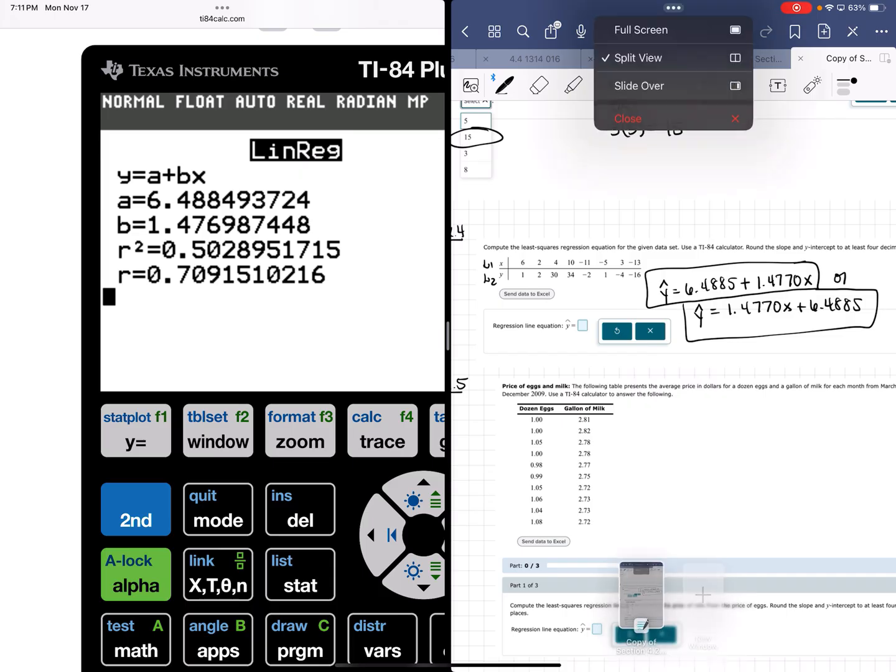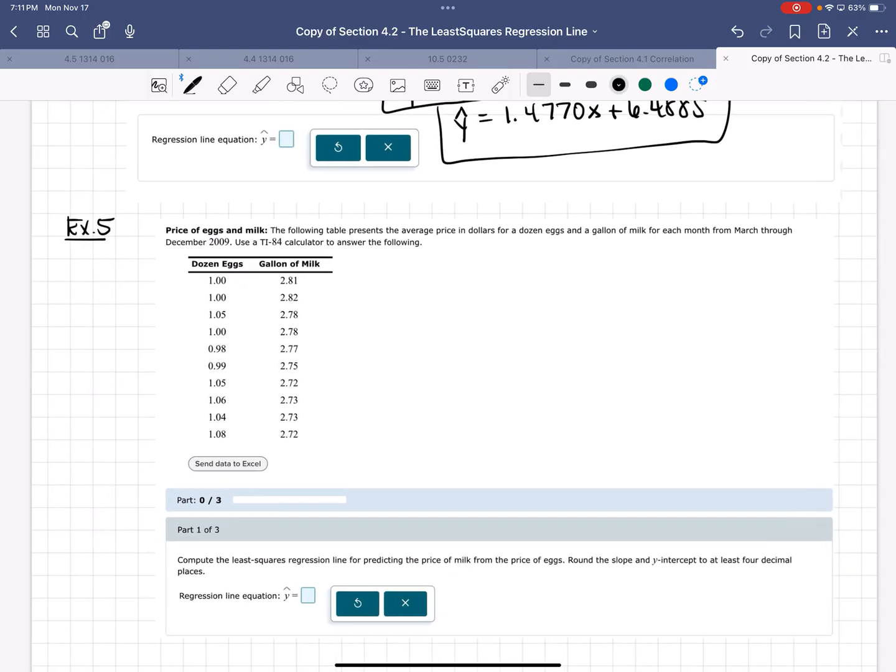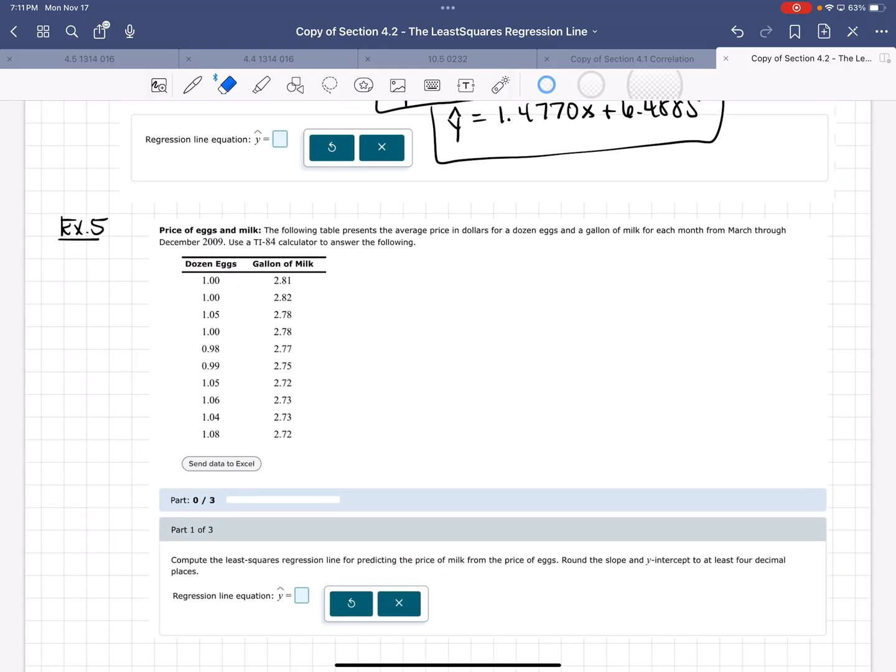Okay, so we've got from the price of eggs. So that means my price of eggs is X, right? From the price of eggs, that's my X, that's my L1. So here's L1, so they didn't do me wrong this time. There's my L2, okay?